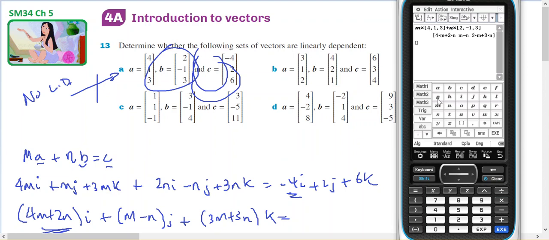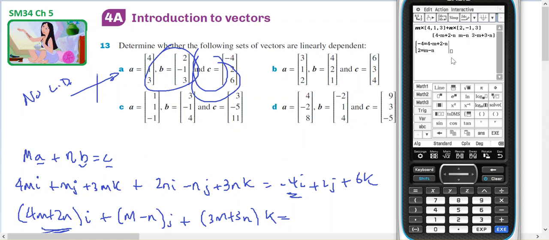Okay, so I'm going to then bring up simultaneous equations, and this is my first equation, and this is my second equation, and my first equation has to equal negative 4, and my second equation has to equal negative 2.